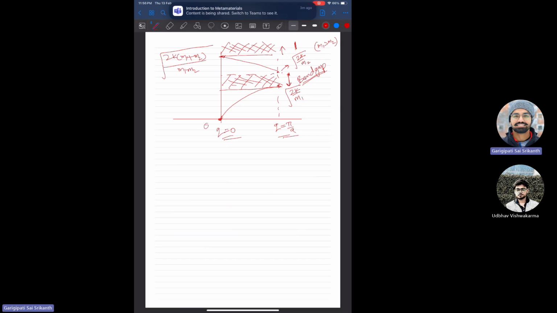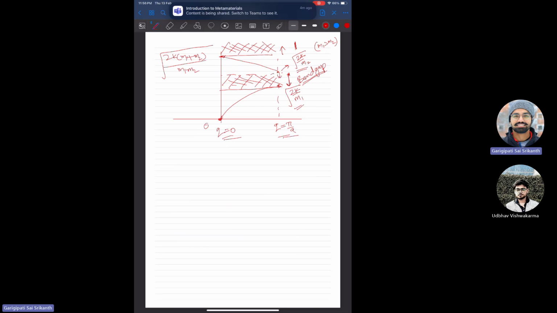Okay, so one interesting thing, I think what Ubha was also talking about was band touching. So what do we mean by band touching? If we assume that M1 and M2 approach each other, mathematically you'll see that these values approach each other.